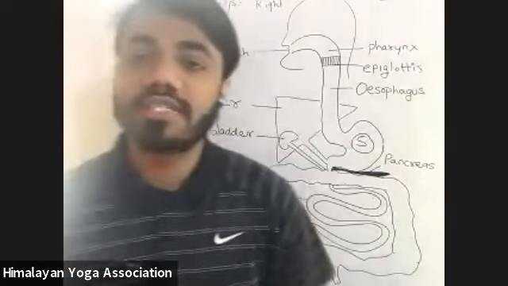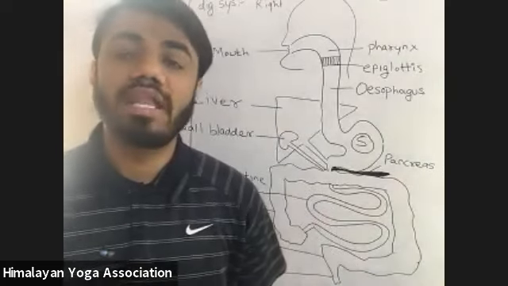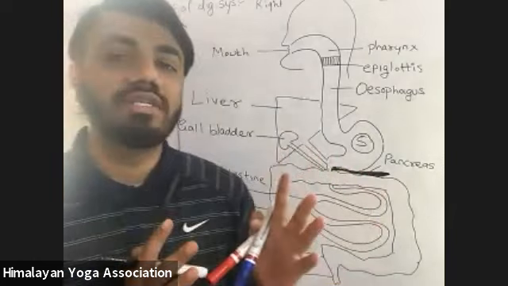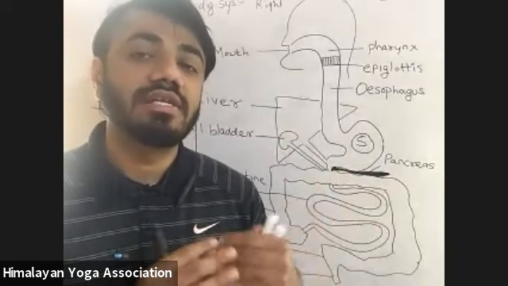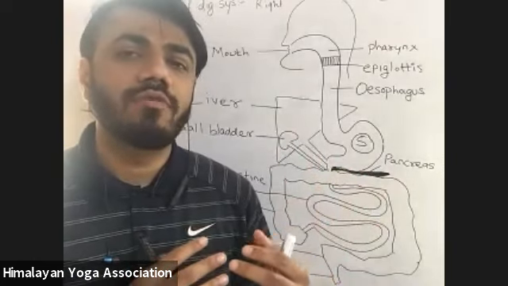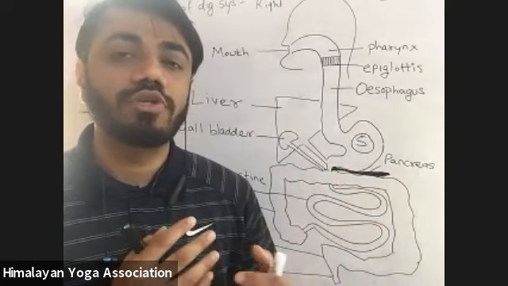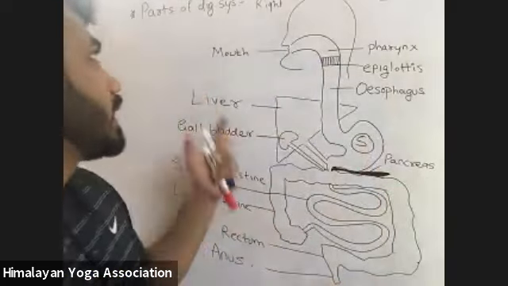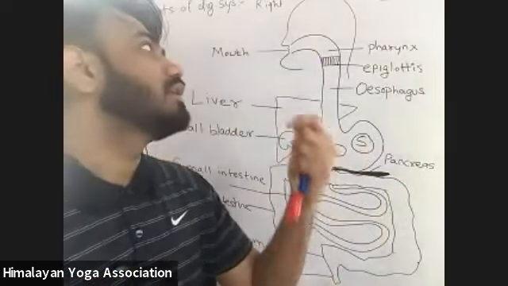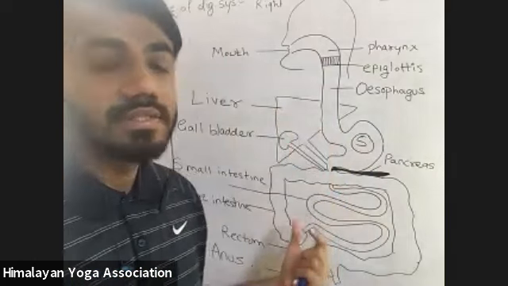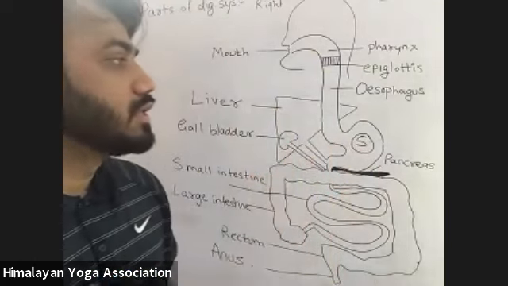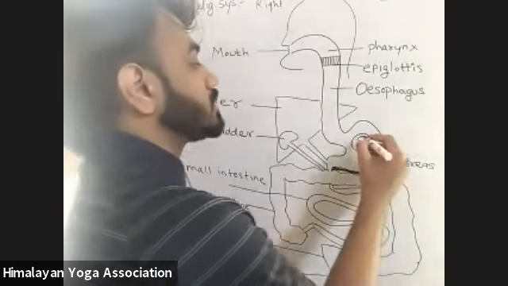In gross anatomy, which does not require microscopic study, these make a group of organs. After we studied cells and tissues, a group of cells makes a tissue, a group of tissues makes an organ. Similarly, this group of organs will make our system, and this is known as the digestive system. So these are the group of organs or the parts of the digestive system. This S is nothing but our stomach.